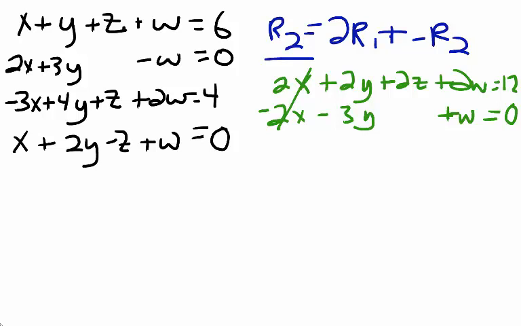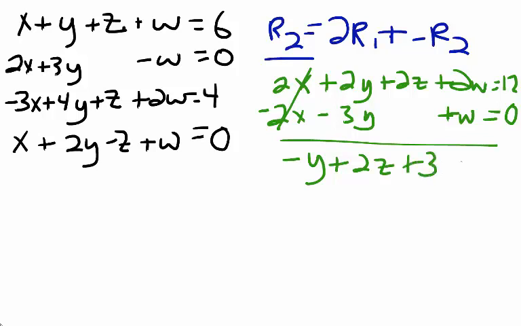The 2x and negative 2x cancel out. We're left with negative y plus 2z plus 3w equals 12.